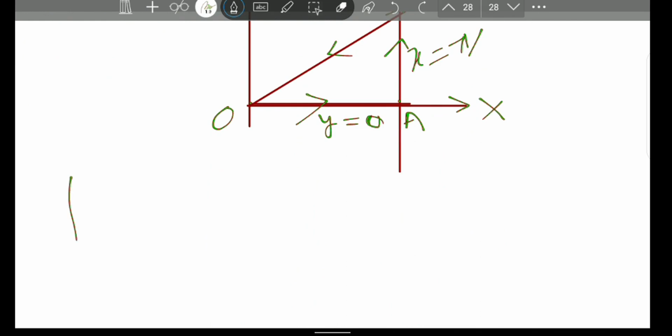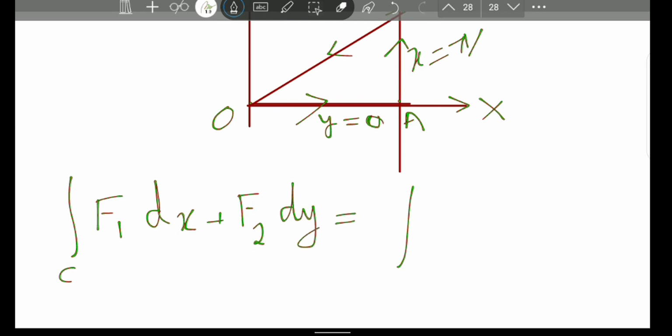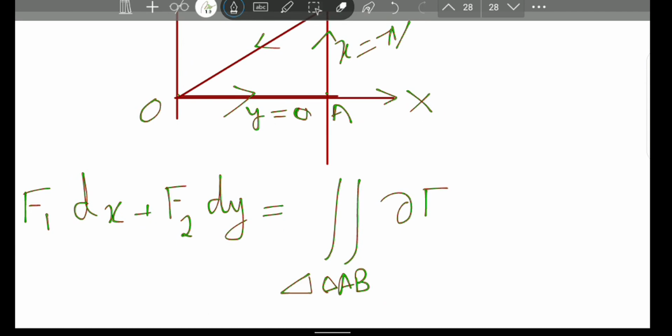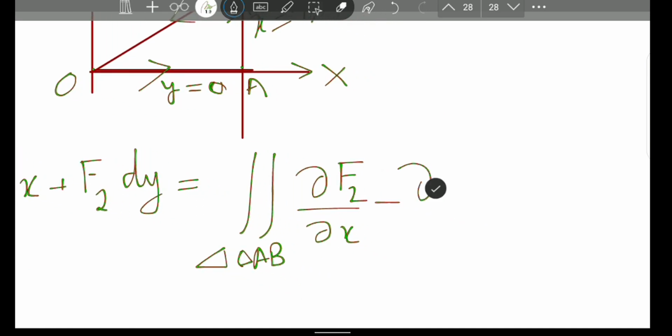Let's state the formula. By Green's theorem, we have the integral over a closed curve of f1 dx plus f2 dy equal to the integral over the region, which in our case is triangle OAB, of del f2 del x minus del f1 del y dx dy or dy dx.